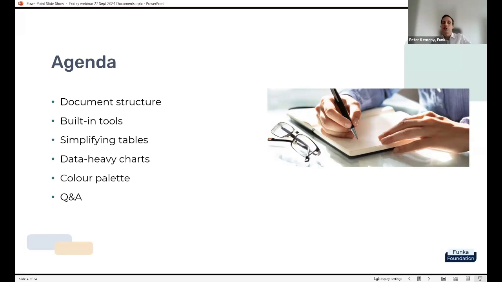So I will talk about document structure, built-in tools that help you in document creation in general and to make your document more accessible. I talk about rethinking tables and simplifying them, what to do when you have a chart that has a lot of data in it. And I'll talk about how to choose your colors. And then, as Susanna said, we'll go to a Q&A.